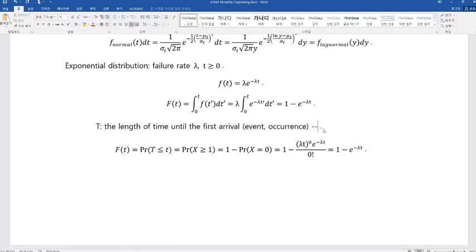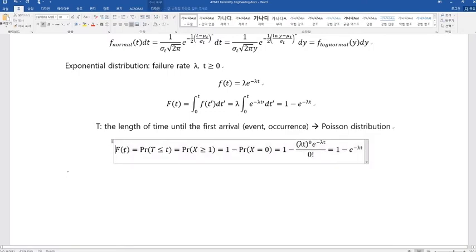Maybe I may add here that we have observed that exponential distribution is closely associated with the Poisson distribution by the fact that its cumulative distribution function can be derived from the Poisson distribution.